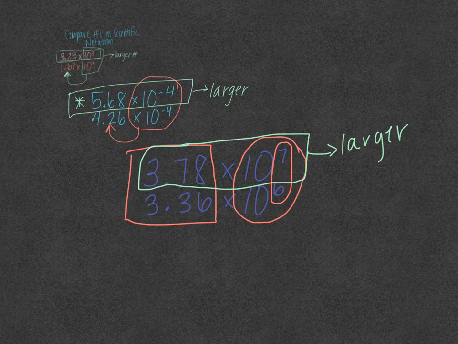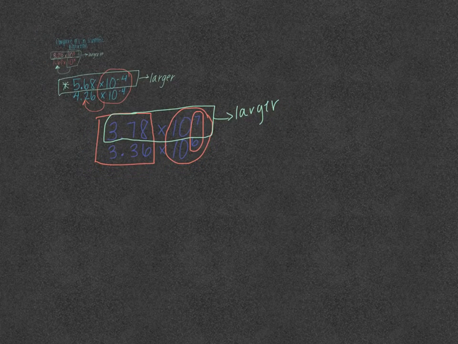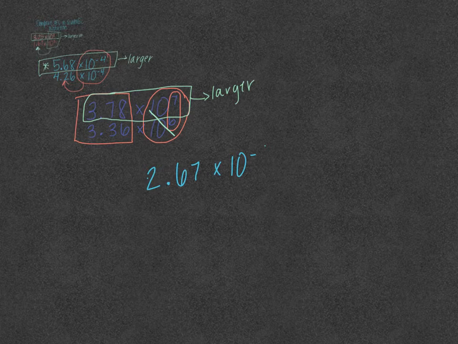All right, this is where it starts to get a little more complicated when we are working with negative numbers. So let's do 2.6867 times 10 to the negative third power.